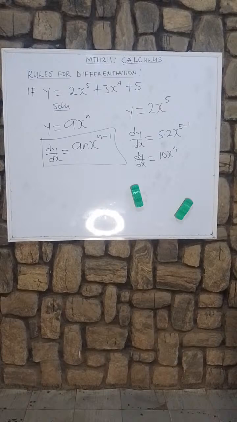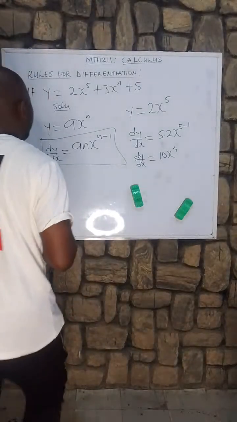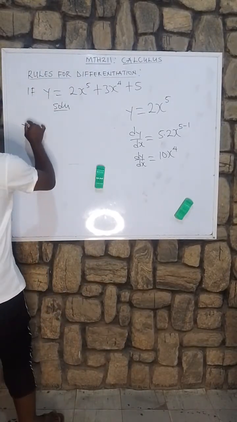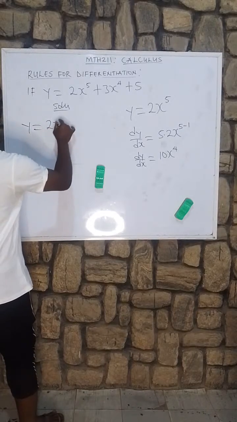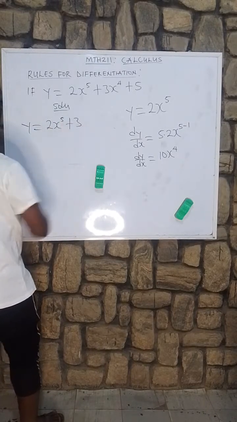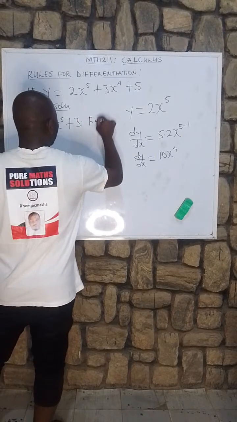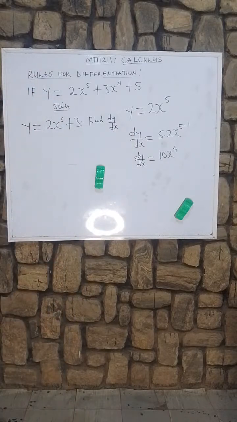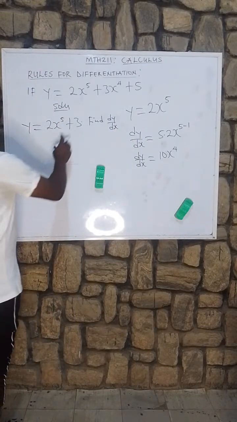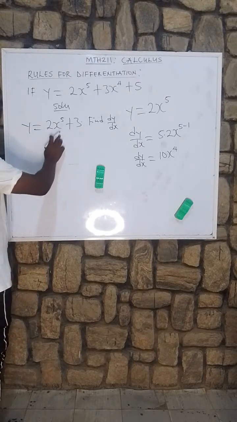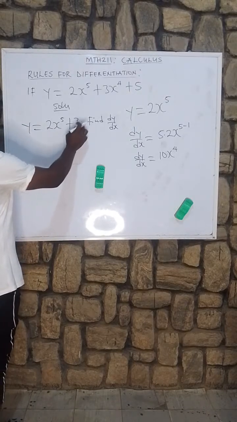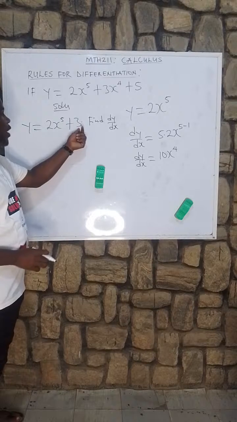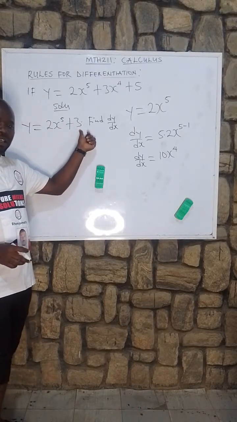It is not. Now, if we have a function of this form, y equals 2x raised to the power of 5 plus 3, and you are asked to find dy all over dx, this 3 is a constant. Why? Because you are not seeing the independent variable attached to this 3. So it is a constant, and whenever you differentiate a constant, it gives you 0.